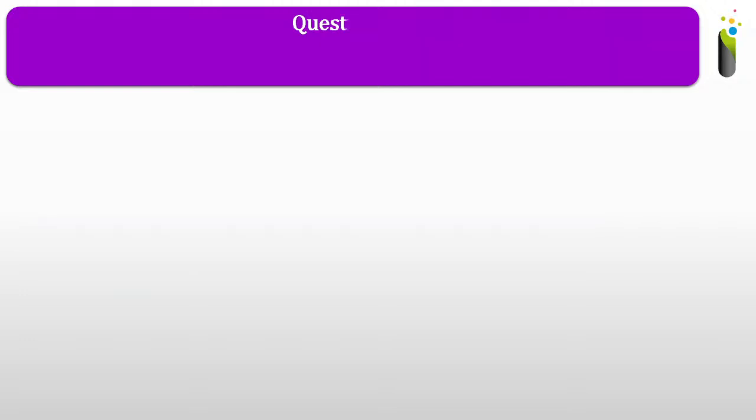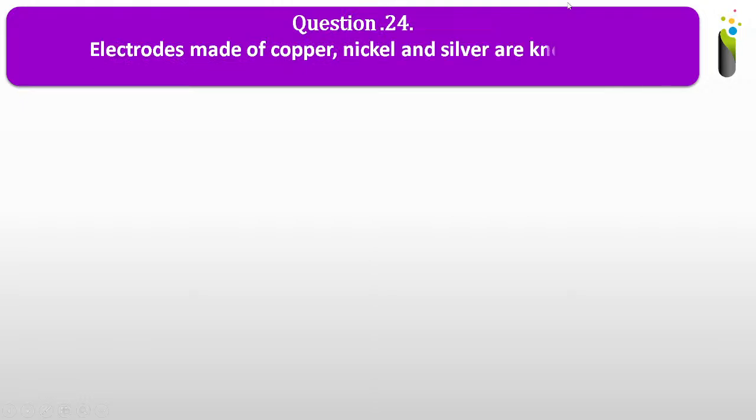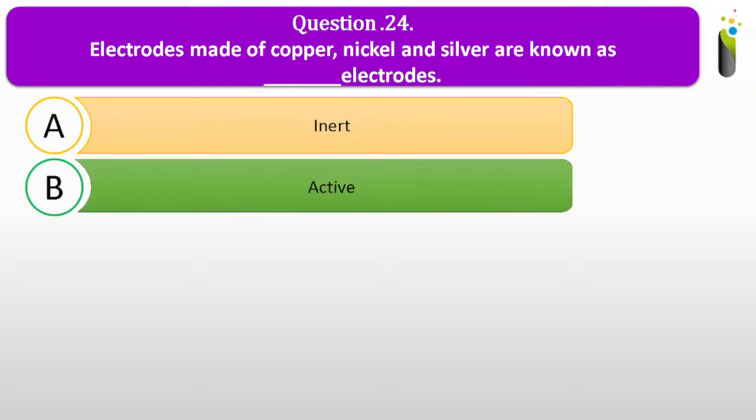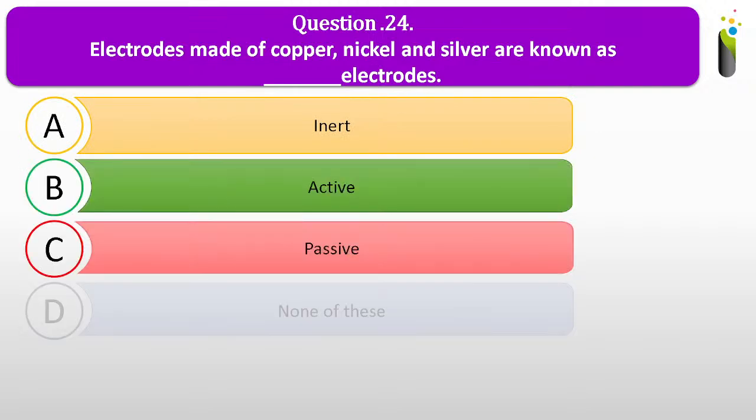Coming to the next question, number 24. Electrodes made of copper, nickel, and silver are known as dash electrodes. A. Inert. B. Active. C. Passive. D. None of these.